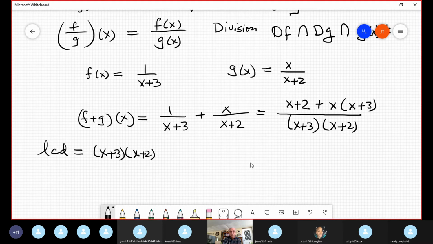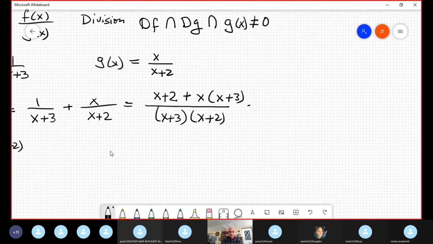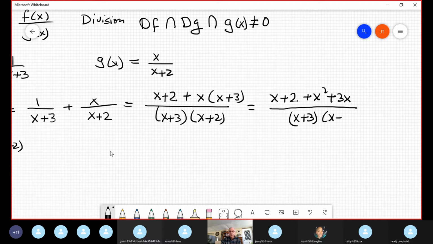Leave it like that? The rest is easy, elementary algebra. We remove the parentheses on the top, of course. This is x plus 2 plus x squared plus 3x, over x plus 3, x plus 2.